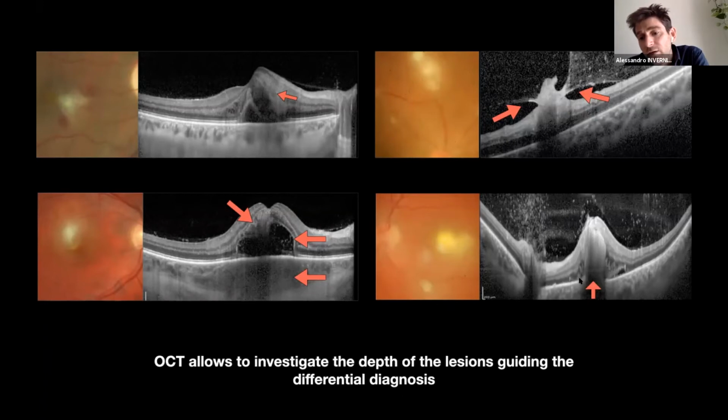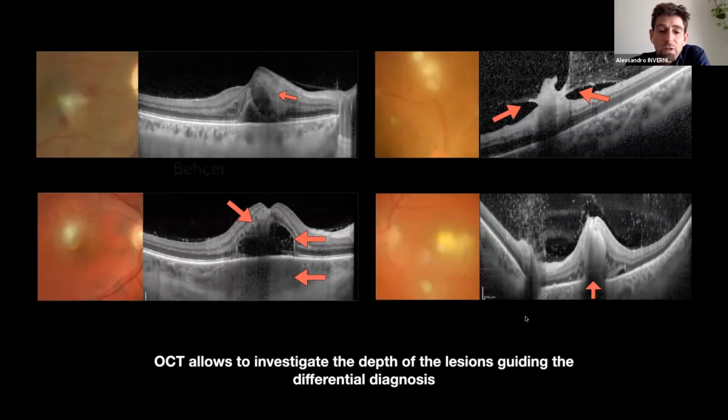And finally, in the bottom right corner, you see that the RPE is disrupted, and we've got the lesion growing from the choroid, getting into the subretinal space and pushing up the retina. So basically, the OCT is telling us which components, which layers of the retina, the choroid, the RPE are involved, and this is definitely helping us in the differential diagnosis.